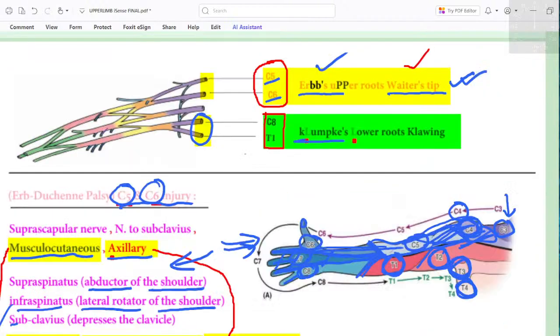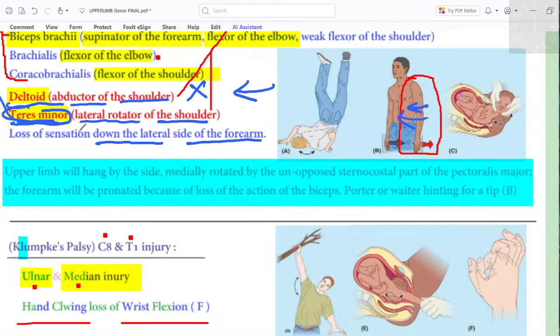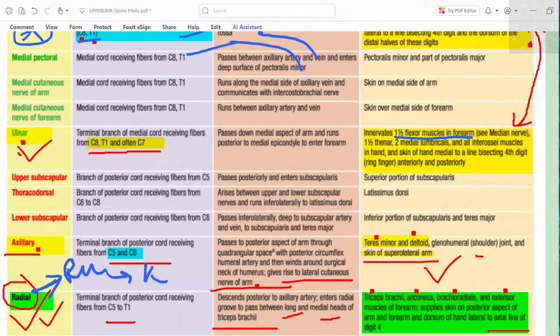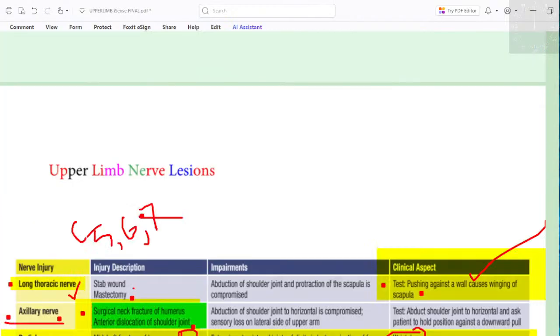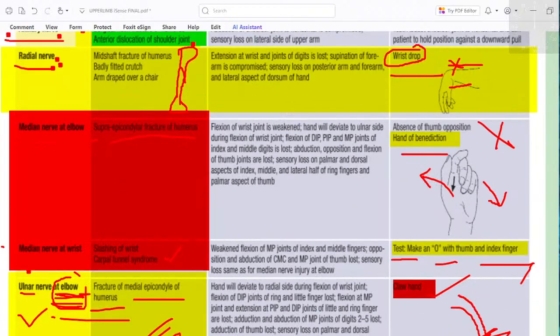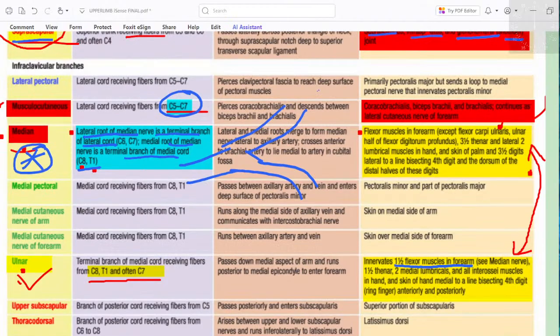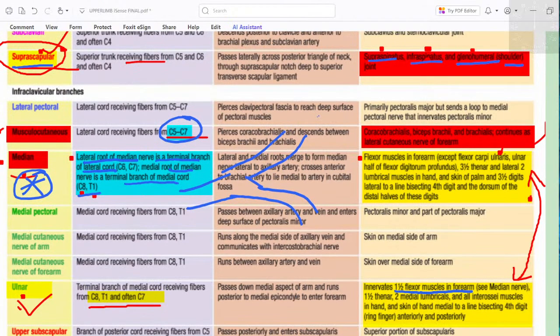So we got how the median nerve is formed: by the lateral root and the medial root combining to form the median nerve.